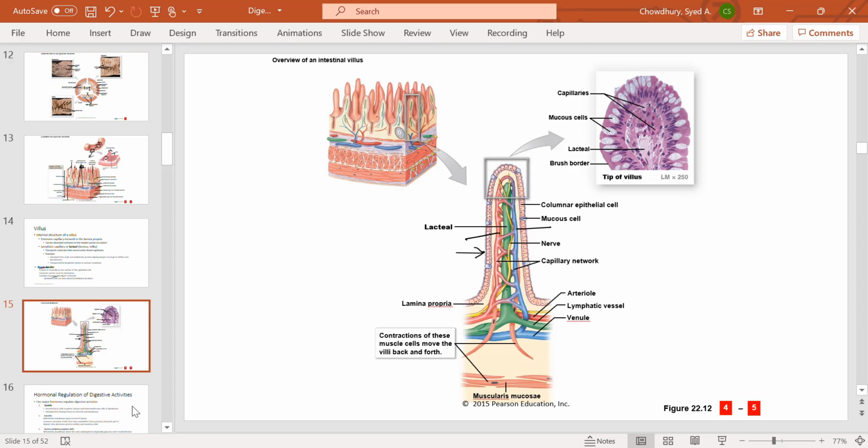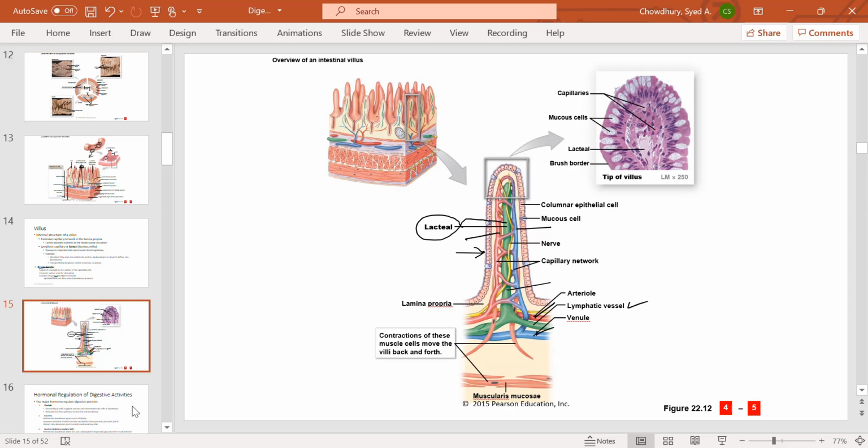You see the green one is the lymphatic vessel. So the branches of the arterial, branches of the venule, and branches of the lymphatic vessels, they enter into the villus. Okay, and this lymphatic vessel inside the villus is called the lacteal.